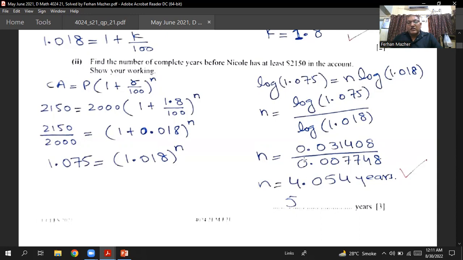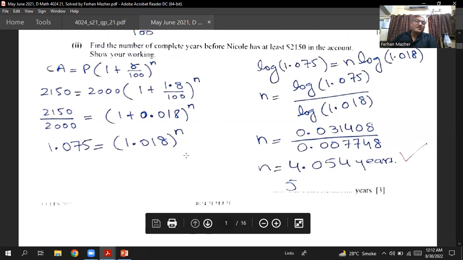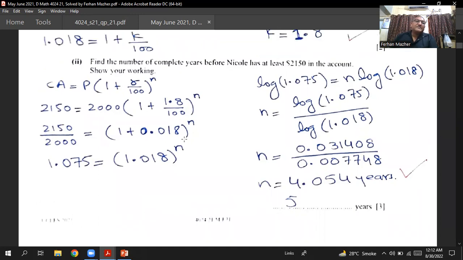Log 1.075 is 0.031408, and log 1.018 is 0.007748. When you divide them, you get 4.054 years. So the at least time required is 4.054. In actual, the years required are 5 years.